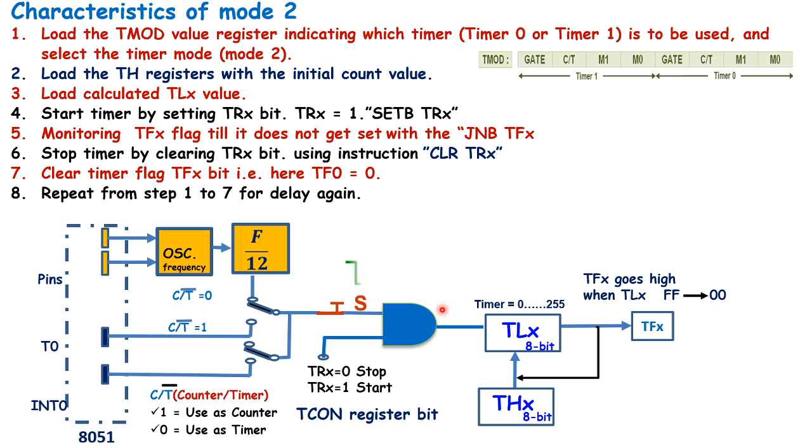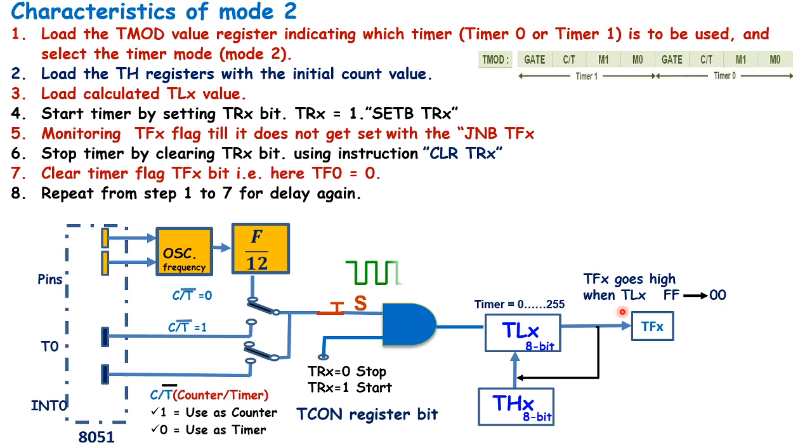Okay, so this is a very important topic. I will repeat it again. This clock is provided to TL, the lower byte of the timer, and then it starts incrementing, and when it goes to the last value FF, on the next pulse it rolls over to the initial value 00.